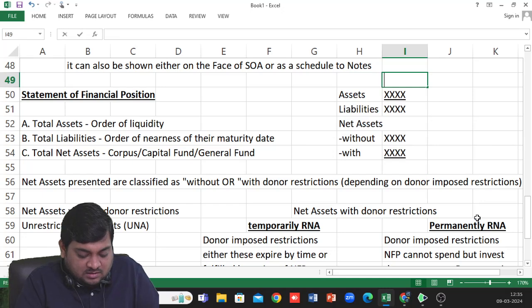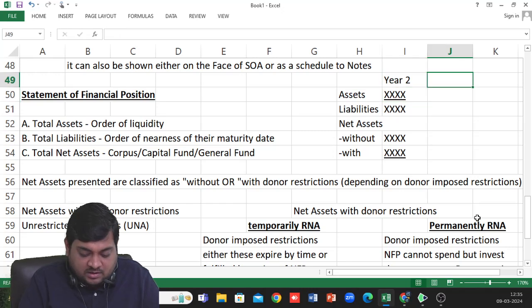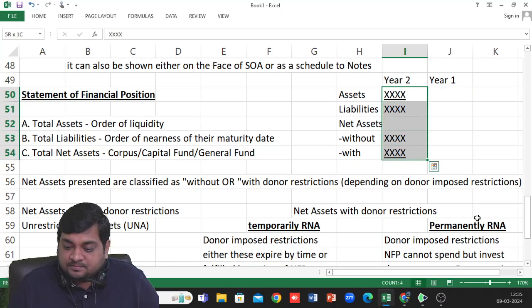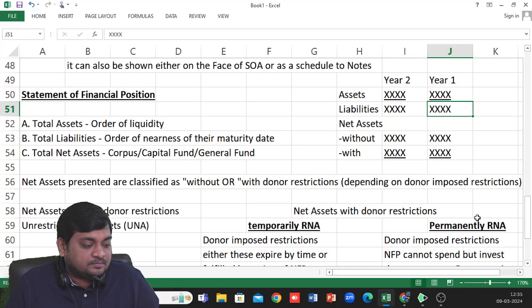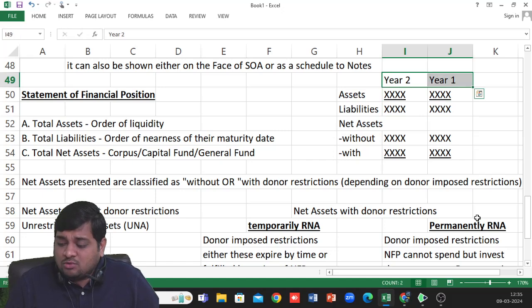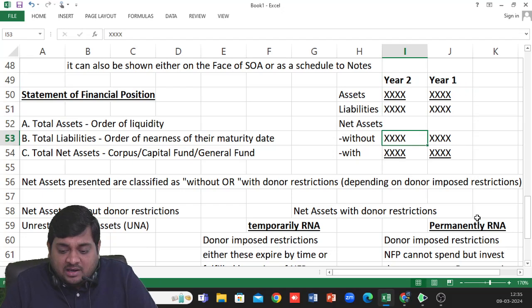Say this is year 2 and here we have year 1. So there is nothing much to understand in this. When we do MCQs and SIMs, we'll come to this, no problem.